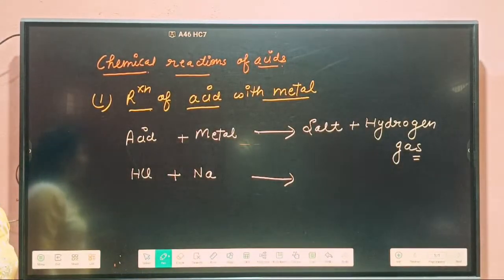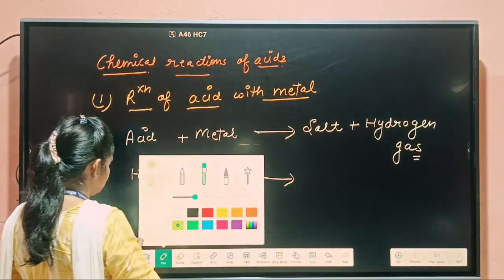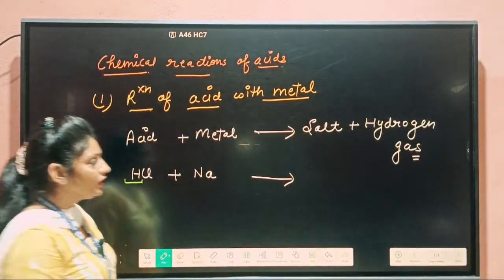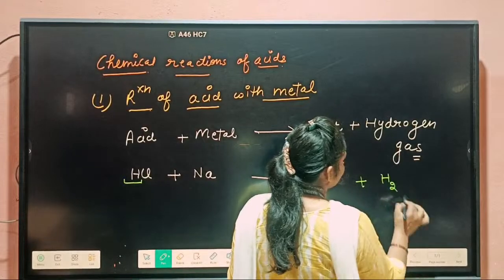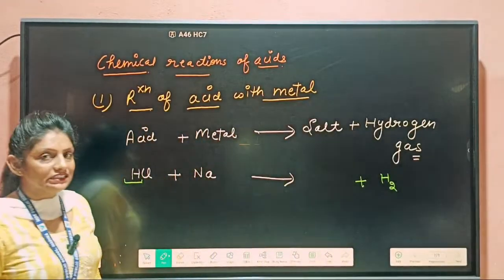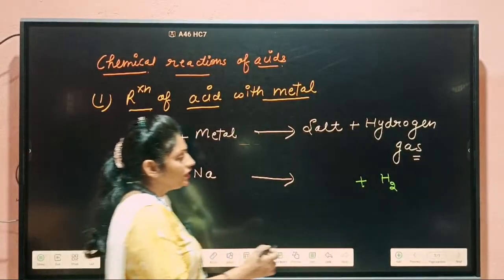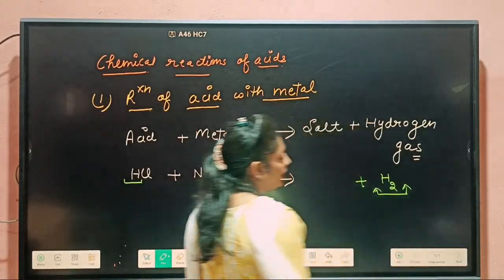Hydrogen gas will be produced there. From where can it be produced? Hydrogen is here. You know very well, hydrogen cannot exist in nascent form. It is not stable in its nascent form. Then students, it exists in its molecule form, H2.